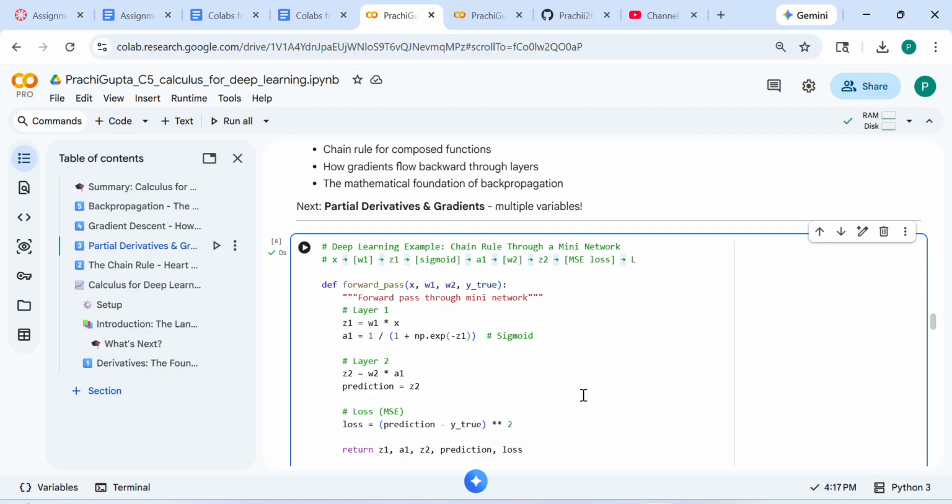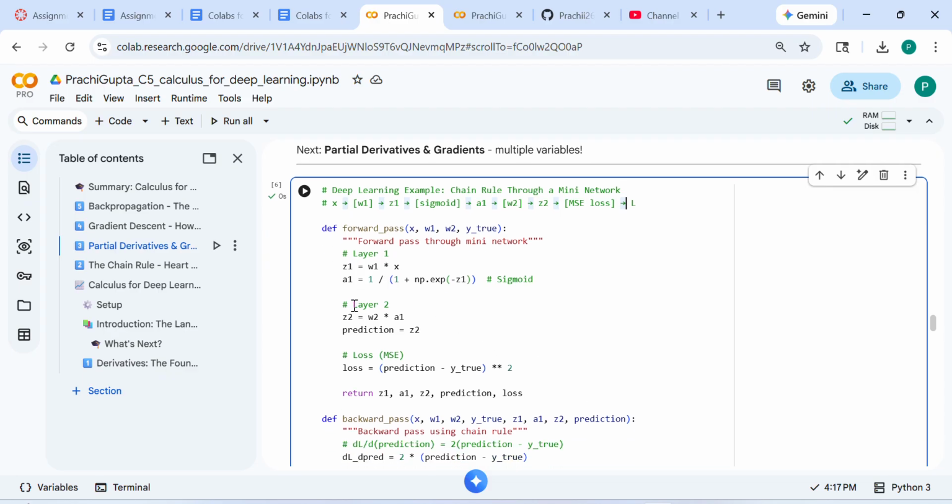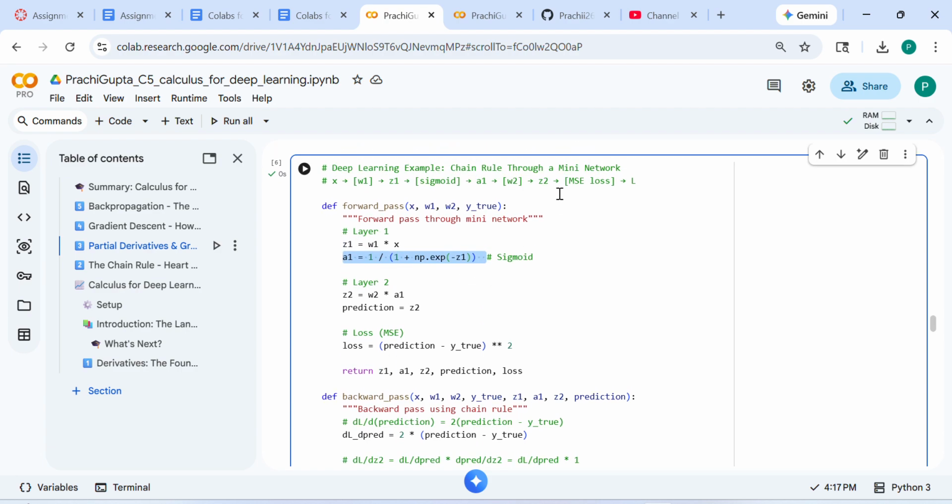So the forward pass computes intermediate values like z1, which is equal to w1 times x, and then a1 will be the sigmoid of z1. Then z2 will be a1 into w2.